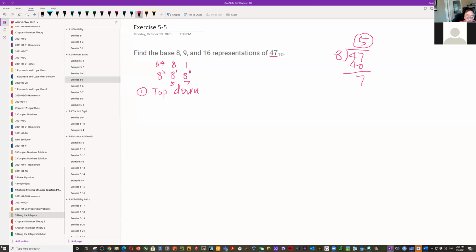And the second method. Because it only has 2 digits, the first method and the second method are the same. But the first method has a slight difference if you have a bigger number. For example, if I have 89 in base 10, then I will not divide by 8, because the largest number is 64.